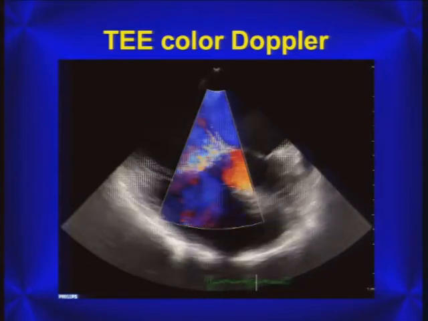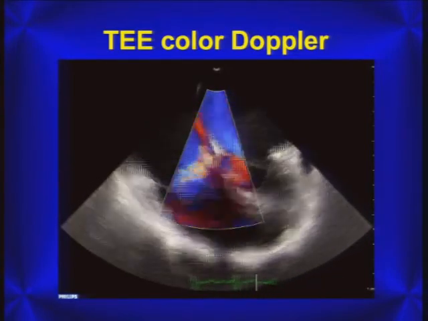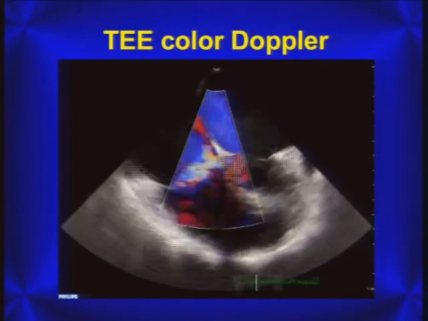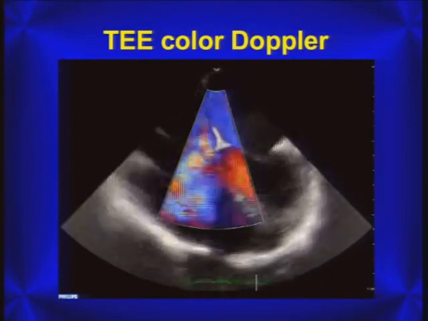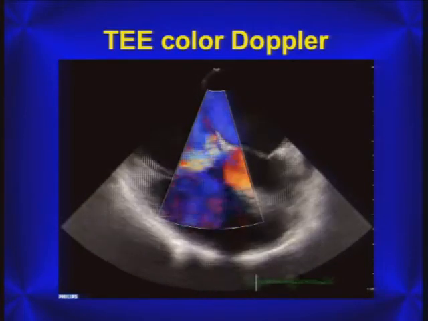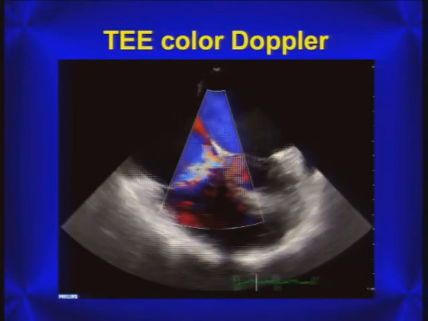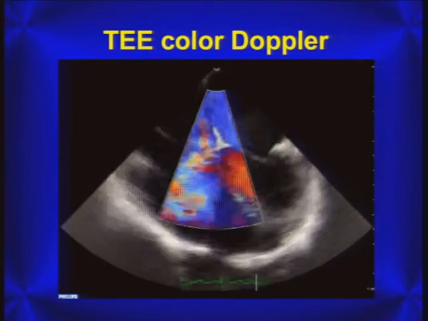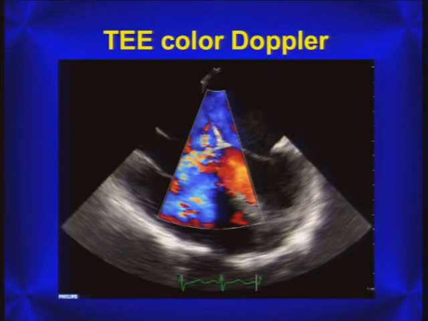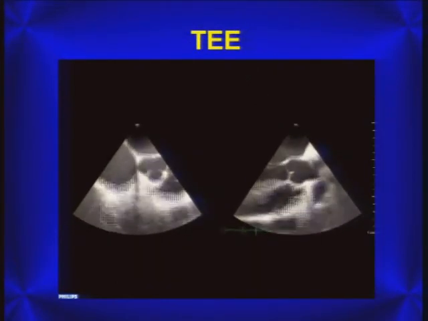This suspicion was based on the unusual direction of the jet and its high peak velocity, which exceeded 4.5 meters per second. This high velocity reflected a high pressure gradient between the origin of the jet and the right atrium. So we continued with exploration.